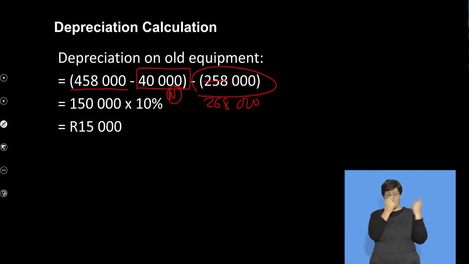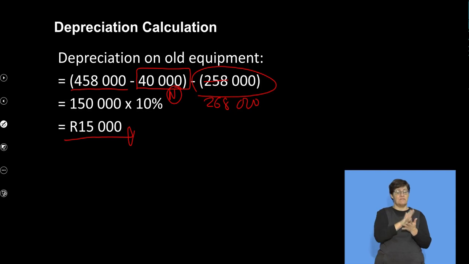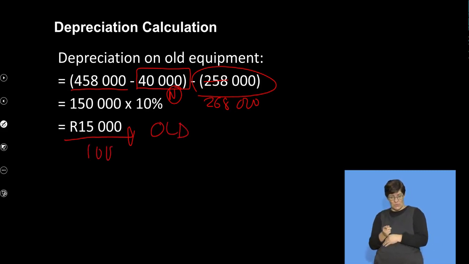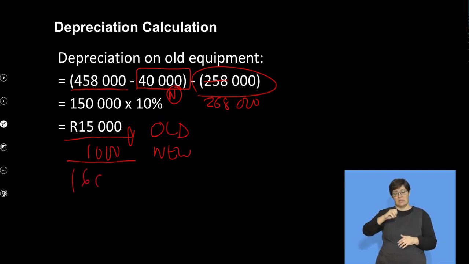So now, if you do this calculation, you get a figure of 15,000 Rand for your depreciation on your old equipment. So now you've got your two components. Your total depreciation would be the 15,000 on the old and the 1,000 Rand on the new, to give you a total depreciation of 16,000 Rand. Okay.